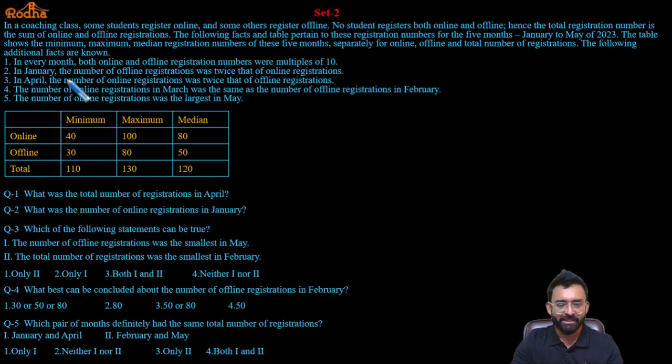Again, let's just read a couple of statements beforehand. In every month, both online and offline registration numbers were multiples of 10. Fine. So again, we can have an idea that the information is not complex. The data is almost ending in 5 statements. Fine. And minimum, median and maximum are given. So again, the number crunching game is here. Fine. Let's read one more set.